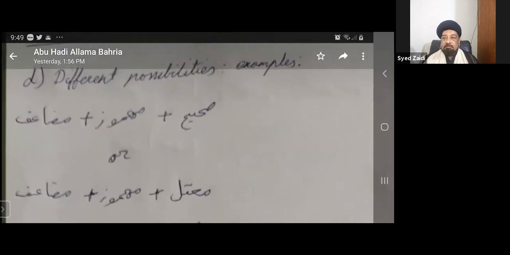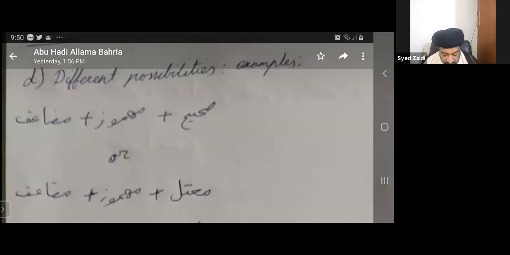Sahih means that there are no root letters which are waw, alif, or ya. So it is sahih. And then you have one hamza in it and two letters that are of the same kind, which makes it mudha'af. So that's a possibility in a word, right?